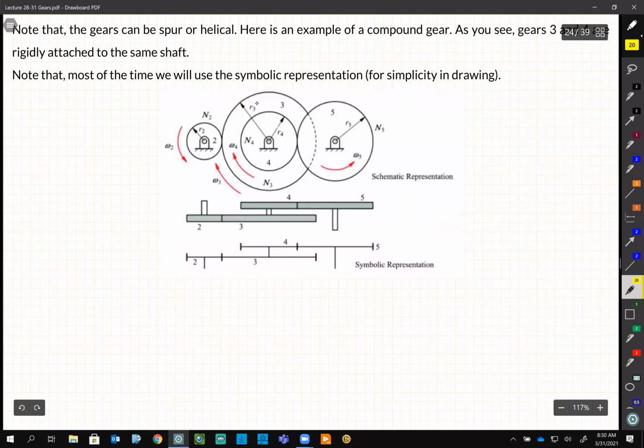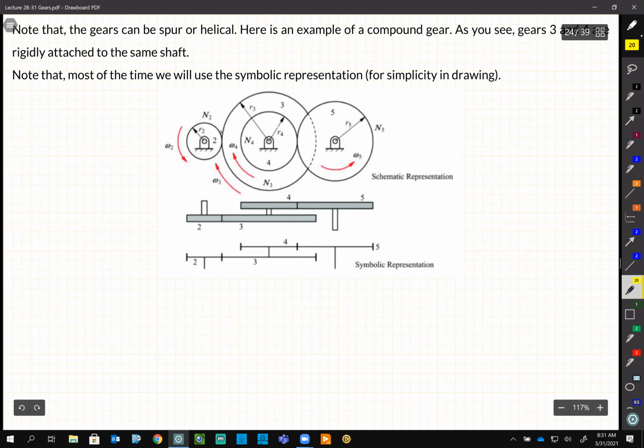This is how people show gears on drawings. They usually do not show the teeth. They show a schematic in busy drawings, unless the drawing is just for one specific gear. For simple gears, they are all in one plane. For compound gears, they are in parallel planes, and this is the way we show it.